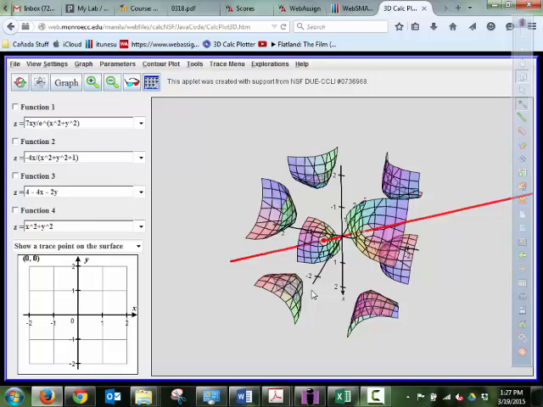Okay? So now let's find the equation of the tangent plane. That's kind of cool, huh?